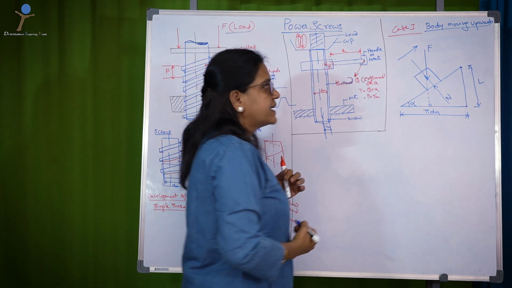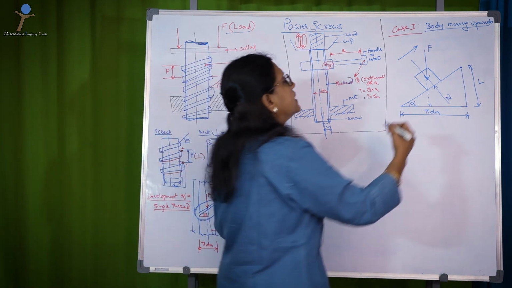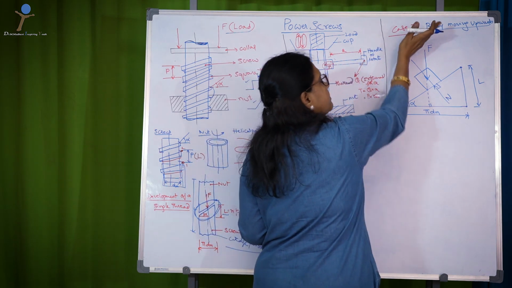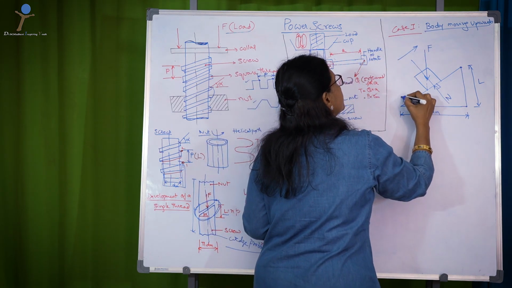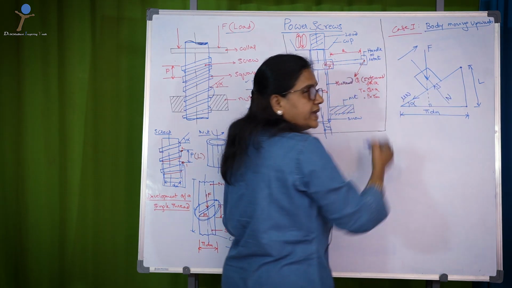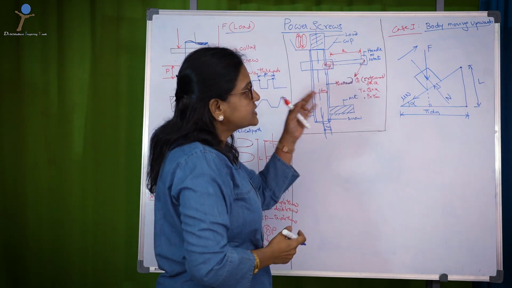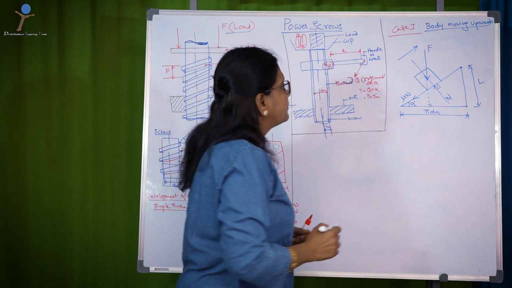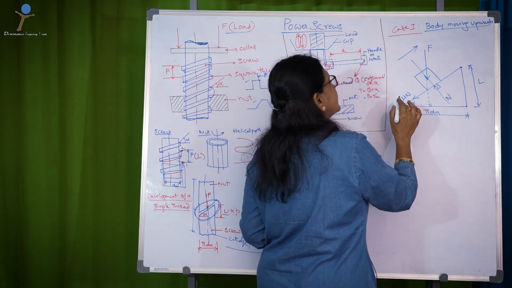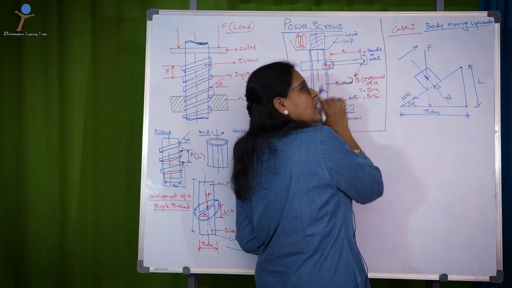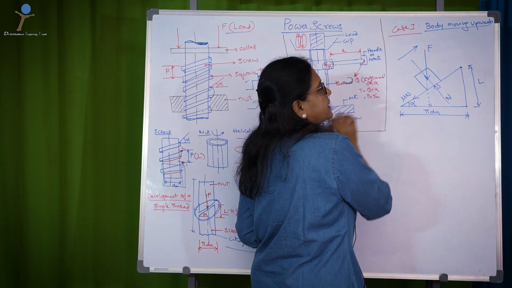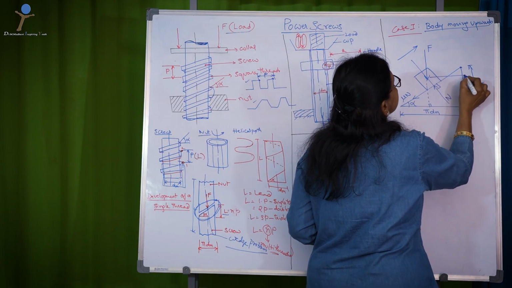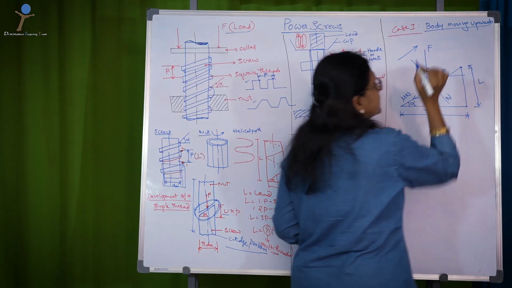So, normal reaction acting perpendicular to the inclined surface. Since the body is moving up, I take mu n in downward direction. In addition to this, you need to represent P, the force acting on the thread because of the torque that is acting on the screw. So, that force is acting this way.